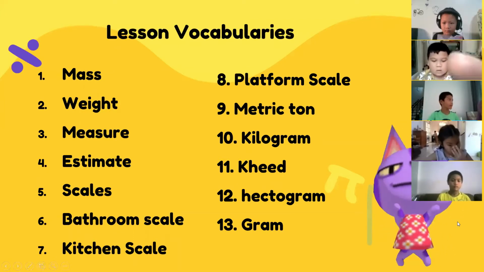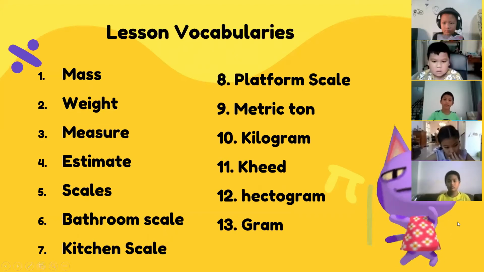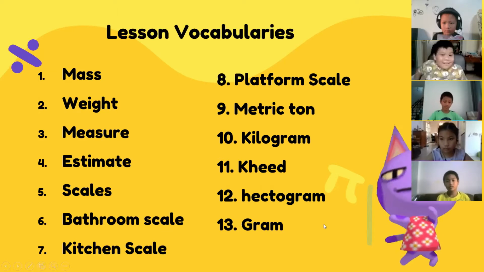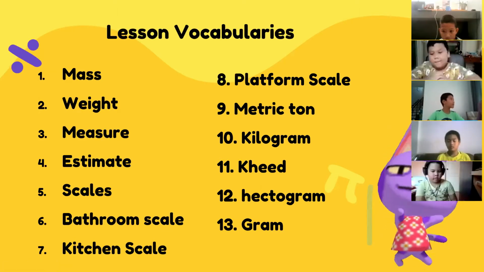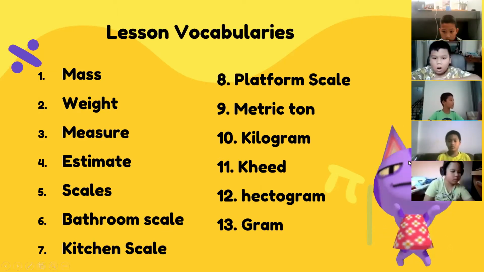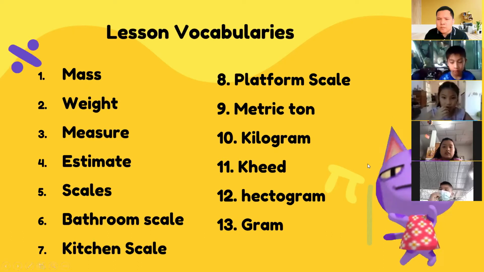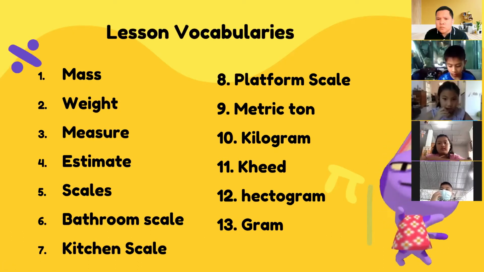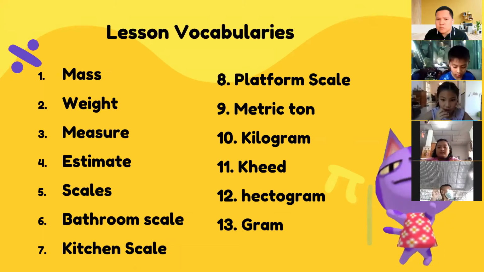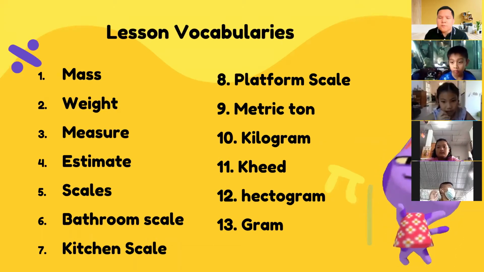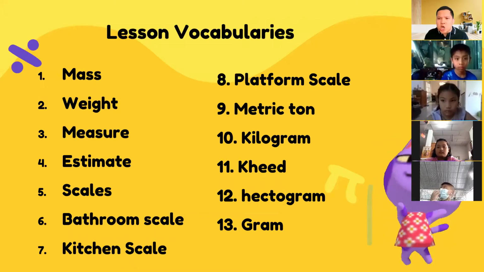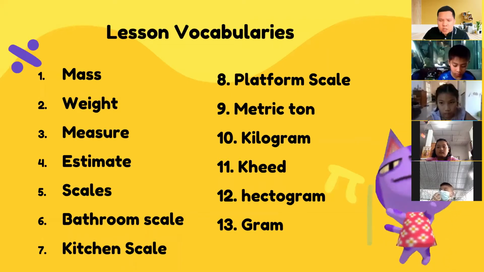Let's go to Syria. Syria, please read 8 to 13. Go. Platform scale, metric ton, kilograms, hectograms, grams. Very good. So those are the vocabulary words that we learned last time, right?